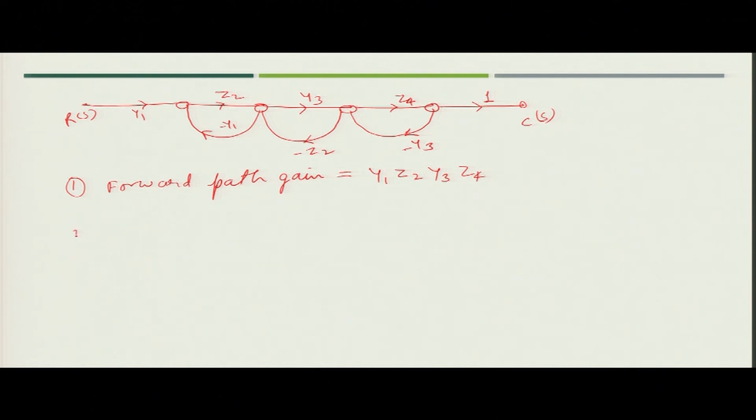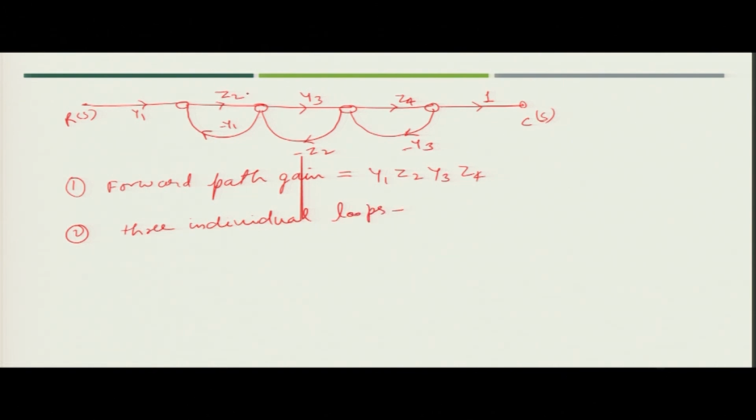Next, we need to find out how many individual loops we have. Here we will have 3 individual loops. What are those individual loops?